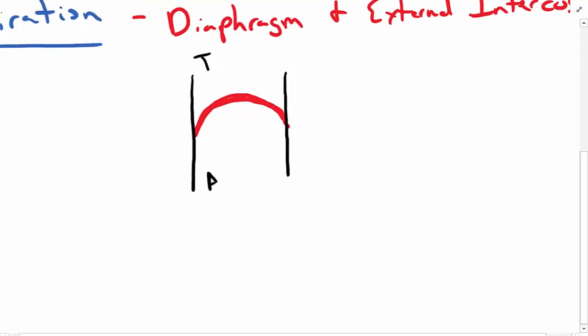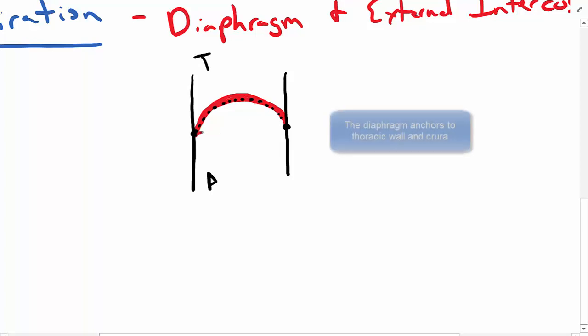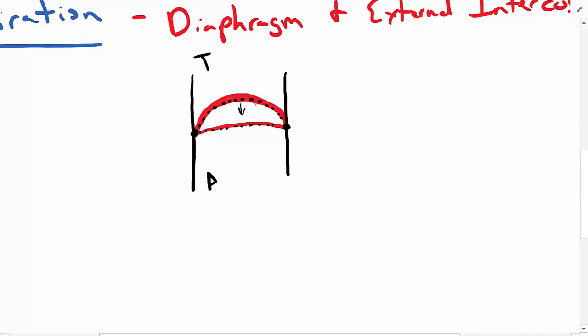Now, if we zoom in on the diaphragm, it's a dome-shaped muscle with anchor points on each side, right here, where it connects with the thoracic wall. And just like any muscle, when the diaphragm contracts, it gets shorter. This is a relaxed state, and because it has those anchor points, when it gets shorter, it moves downward, as we can see right here.